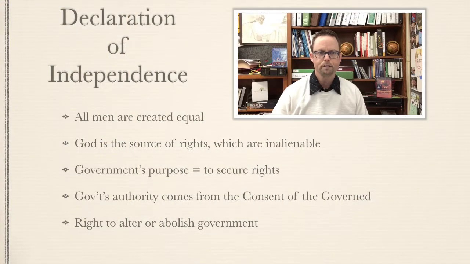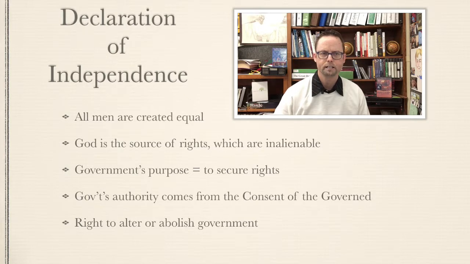The Declaration of Independence, though containing no real authority, expresses the political ideology the states were fighting for and an ideology that influenced the design of the future Constitution. The principles expressed include: all men are created equal. God is the source of rights, and rights are inalienable. They cannot be separated.